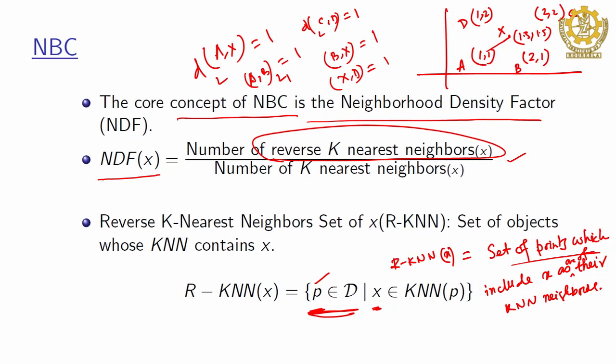Now, what will be the reverse k nearest neighbor of X? What do you have to check? Whether X has been included as a nearest neighbor of a point. Let us say for these points, what will be the k nearest neighbors? Let us say the k value is 2. What is the distance from D to X? That is 1. What is the distance from D to A?